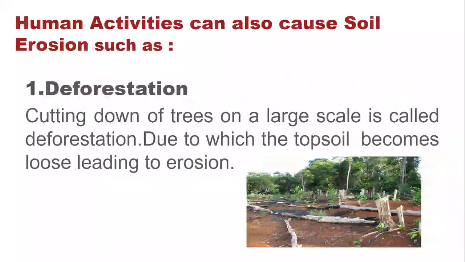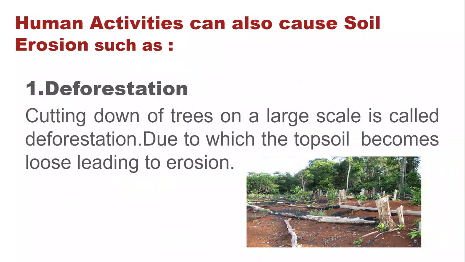Children, as you all know, deforestation is the cutting down of trees on a large scale. And if we are cutting down the trees on a large scale, the topsoil becomes loose, which can cause soil erosion. That's why we say we should not cut trees.